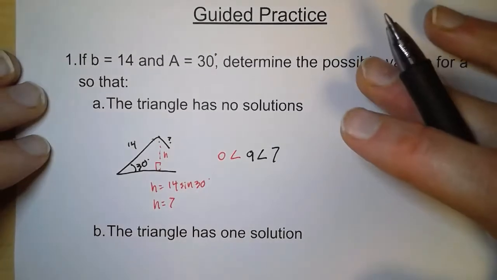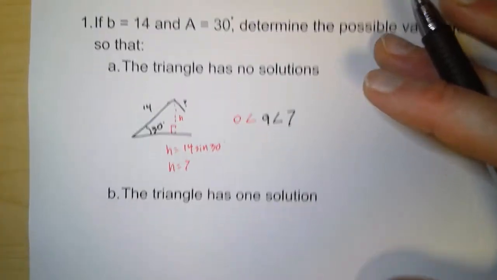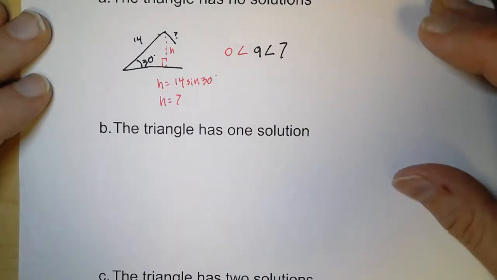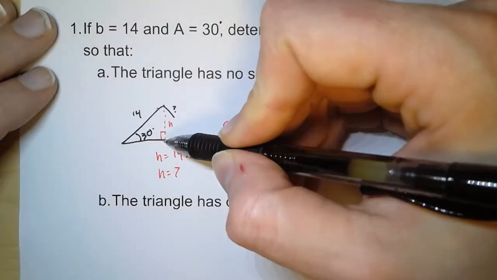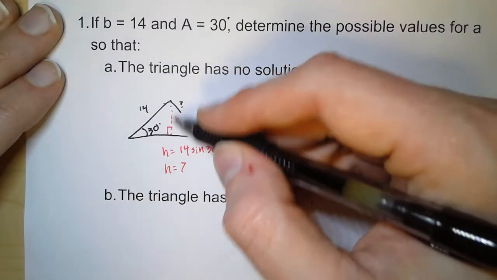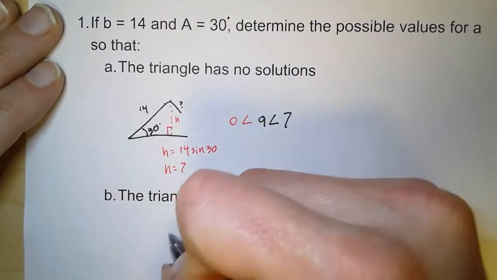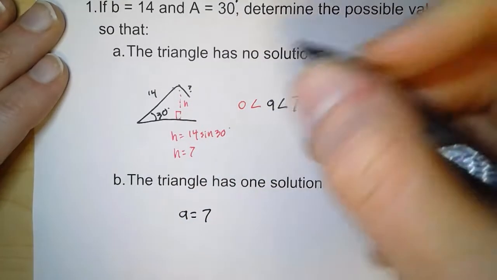Now, what about if it has only one solution? Well, there's actually two possibilities here. One possibility is that if we draw straight down, it's going to form a right triangle. And so in that situation, a is going to exactly equal 7.